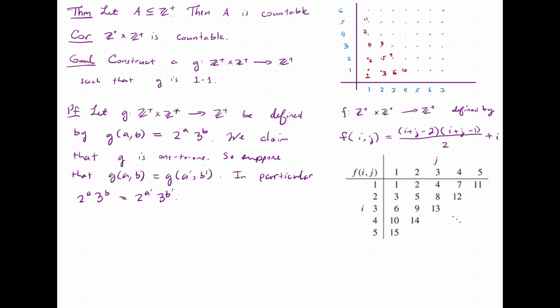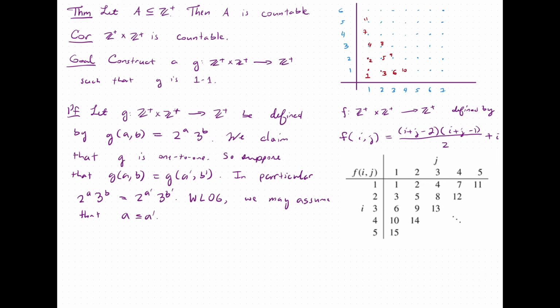Now, we know that a and a prime are positive integers, and either they're equal or one is going to be greater than the other. And so without loss of generality, we may assume that a is less than or equal to a prime.